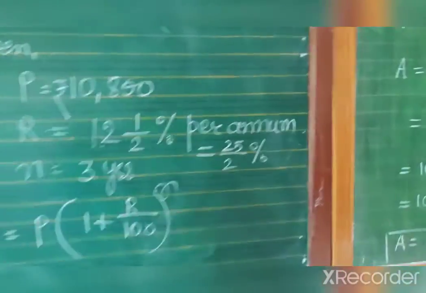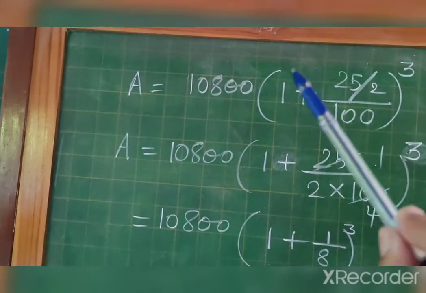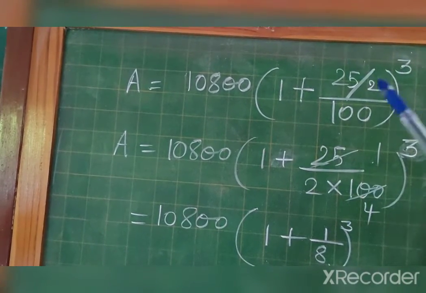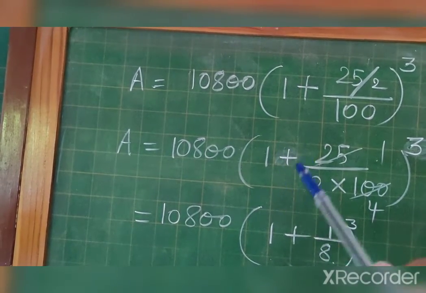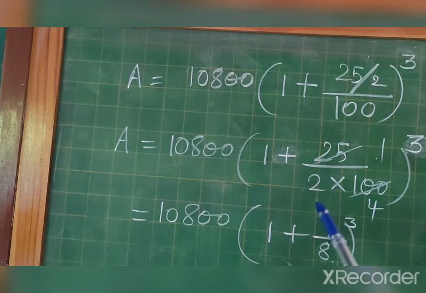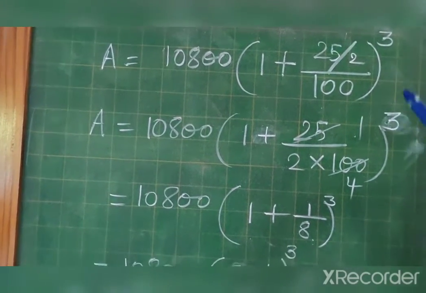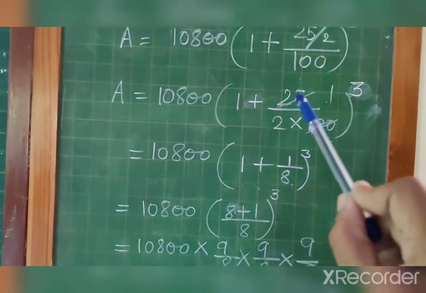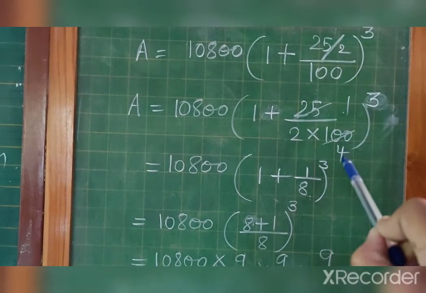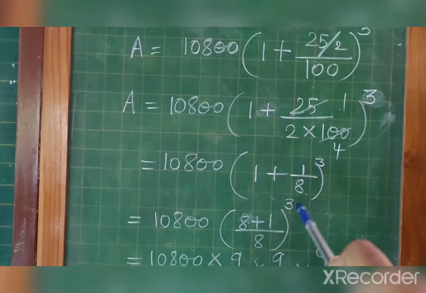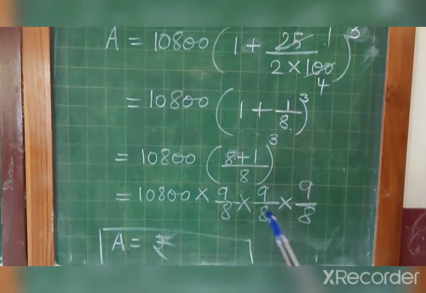After putting the values, 10,800 in the bracket 1 plus 25 by 2 upon 100 whole power 3. In this way you will write. After that, 25 ones are 25, 25 fours are 100, 4 twos are 8, so 1 upon 8. Then take the LCM, 9 upon 8. After calculating this value you will get the amount.